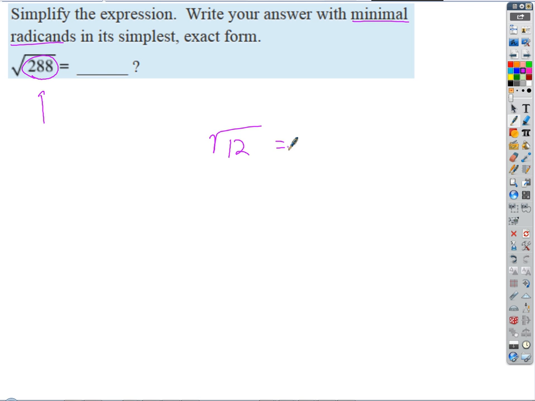So, in order to get something out of the square root, we used that blue chart, right? We wanted to find the biggest perfect square factor of 12, the biggest perfect square that divides evenly into 12. So is 12 a perfect square? No, 12 is not on our list.